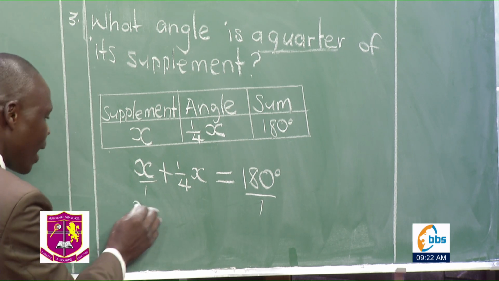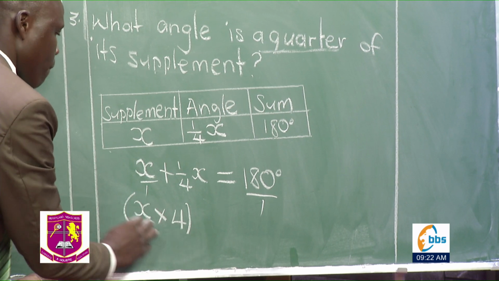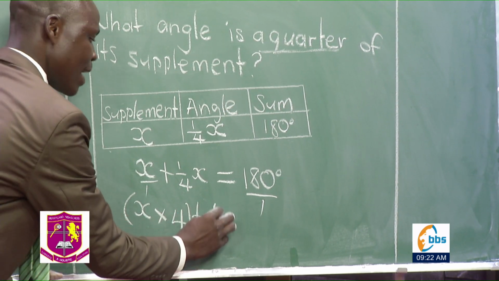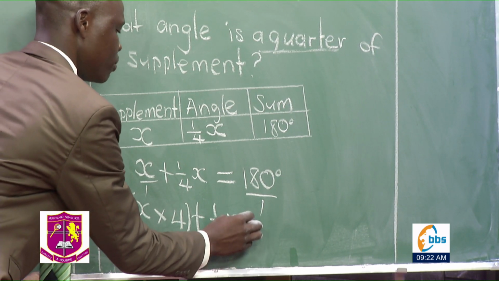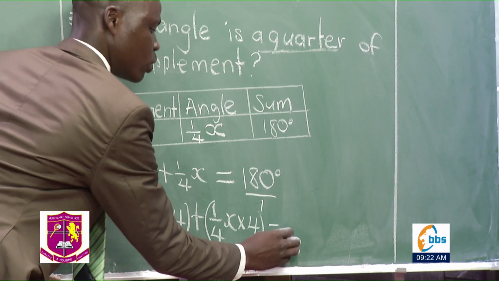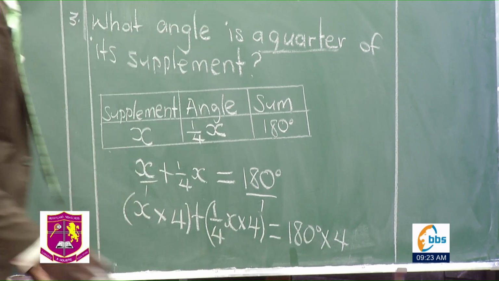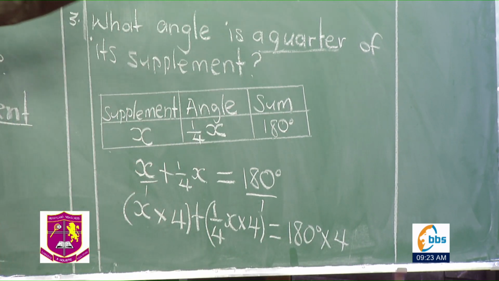So here we shall have x times 4 plus a quarter x times also 4, which is equal to 180 degrees times 4. You multiply all the terms by the least common denominator.